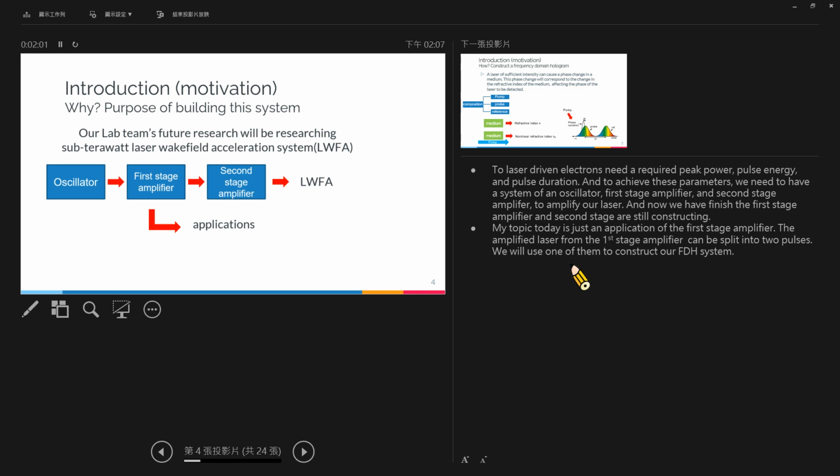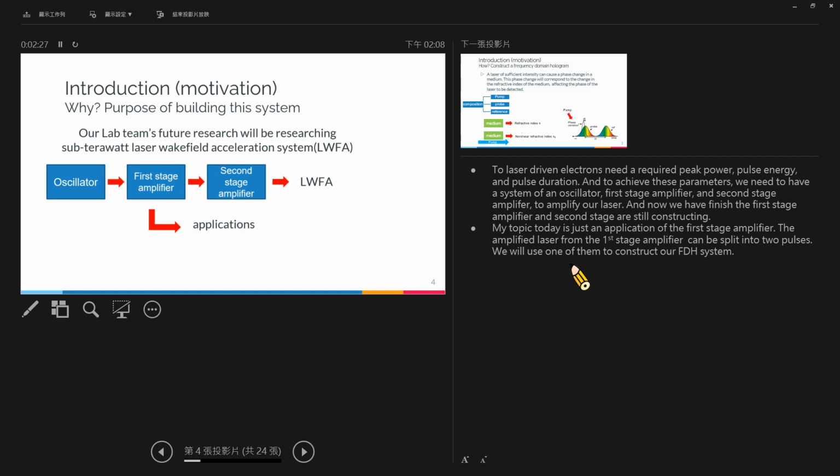To achieve these parameters, we need an oscillator, a first stage amplifier, and a second stage amplifier. Now we have finished the first stage amplifier construction, and we are still doing the construction of the second stage amplifier. So we'll do some application, such as today's topic, FDH, by using our first stage amplifier laser.